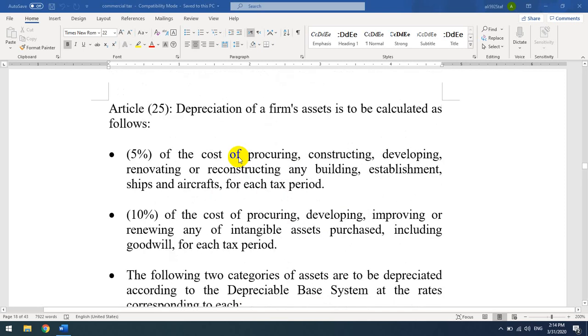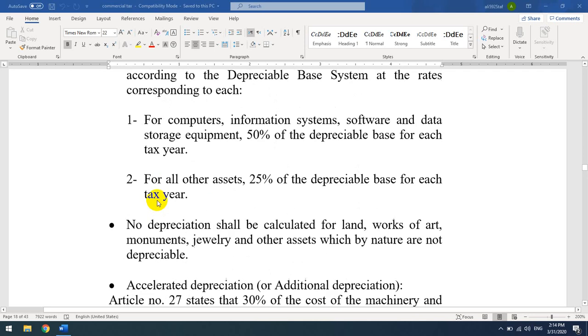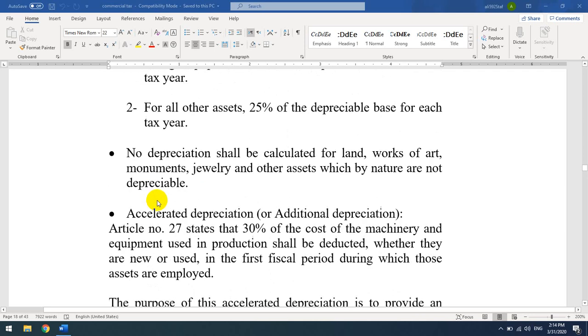depreciation way or method that is imposed by the article number 25 of the tax law. This rule has to be applied to the fixed assets.